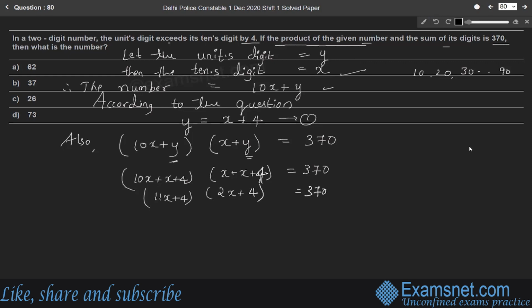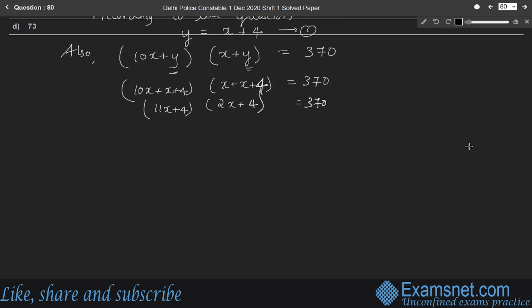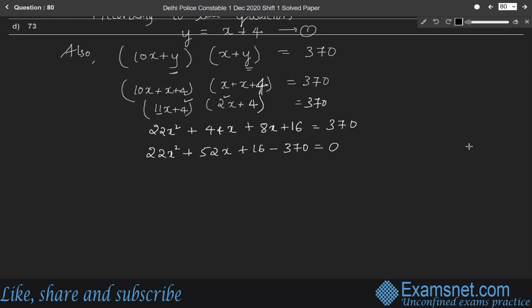So simplify it. 11x into 2x is 22x square, plus 11x into 4 is 44x, plus 4 into 2x is 8x, plus 4 into 4 is 16, is equal to 370. So 22x square plus 44 plus 8 is 52x, plus 16 minus 370 is equal to 0.